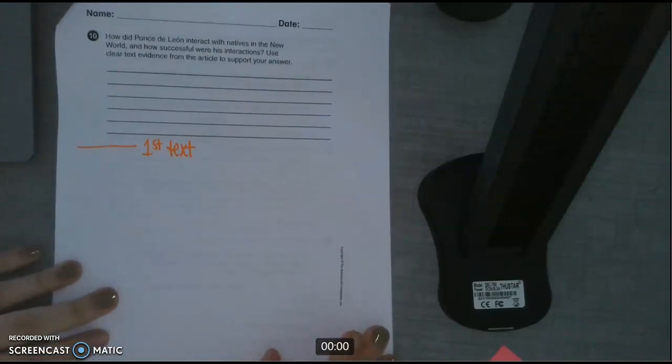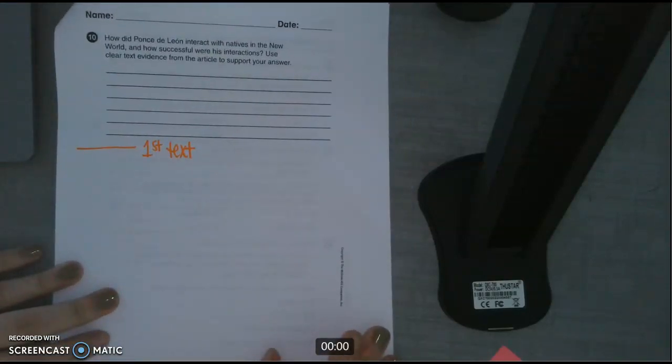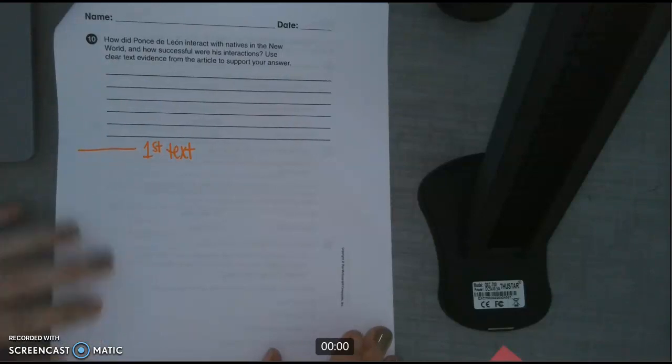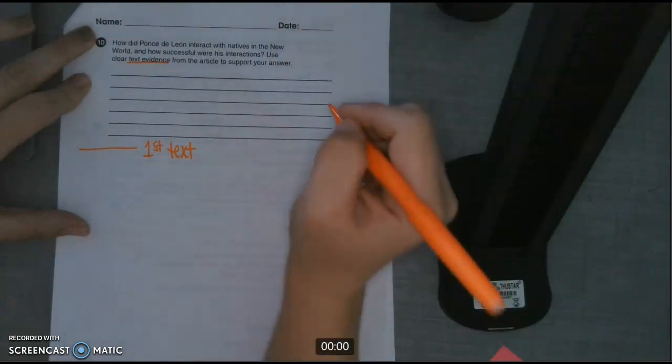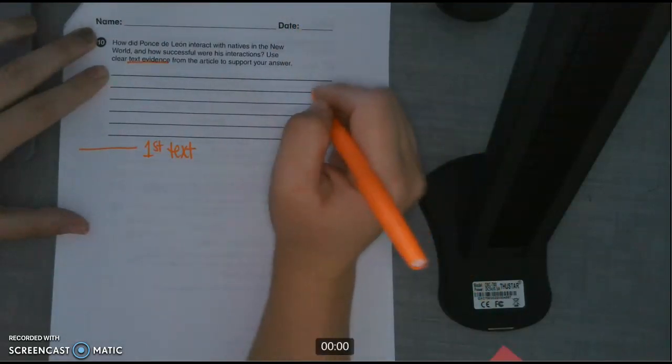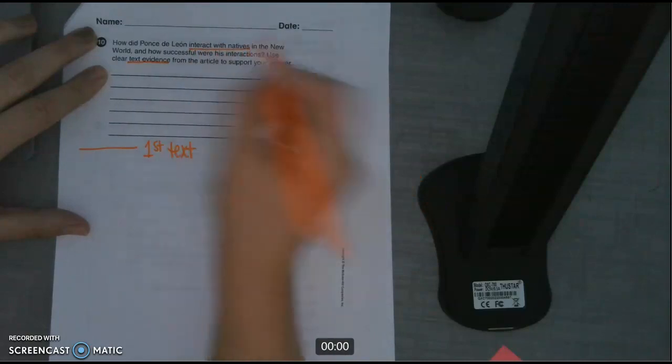How did Ponce de Leon interact with natives in the New World, and how successful were his interactions? Use clear text evidence. So that means I have to quote the text. How did Ponce de Leon interact with natives?